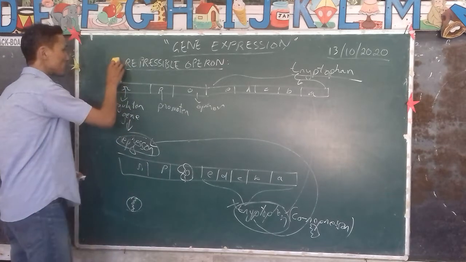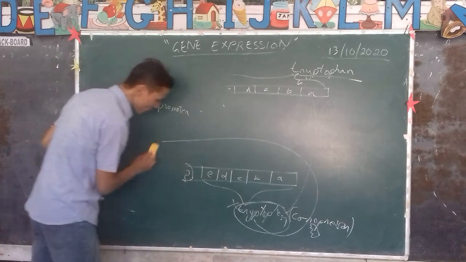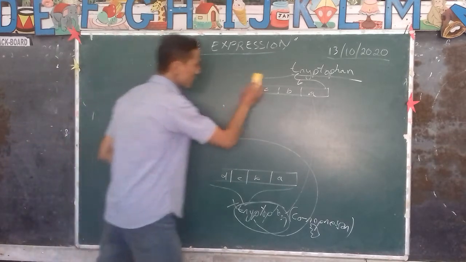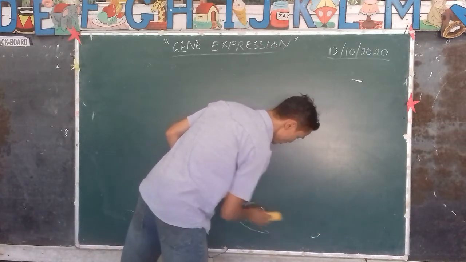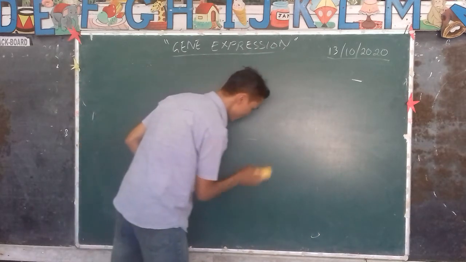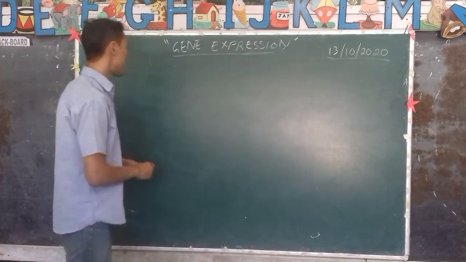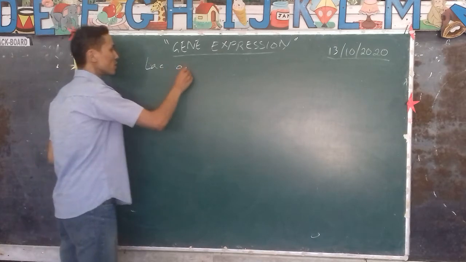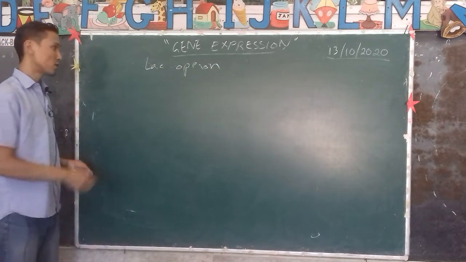So in both the operons, the end product was involved either in stopping the process or in initiating the process. So your operons or gene regulation is controlled by environmental factors. For example, in the first case, your lac operon was an inducible system.